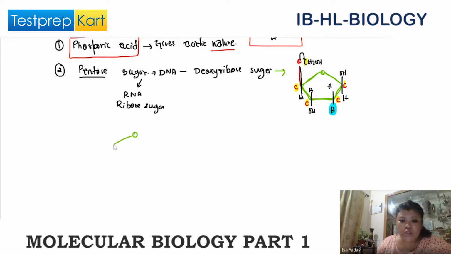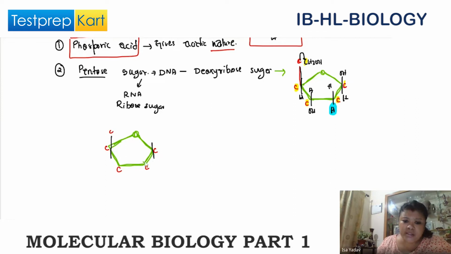Ribose sugar also has a similar structure. So 1, 2, 3, 4, and then we have here the fifth one.